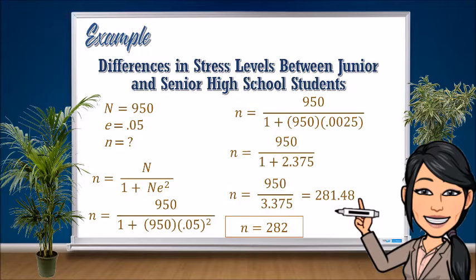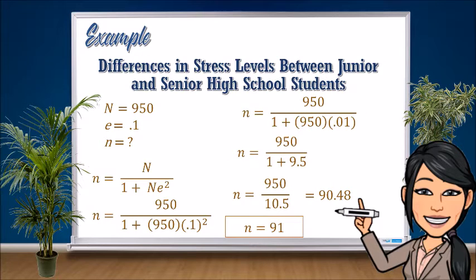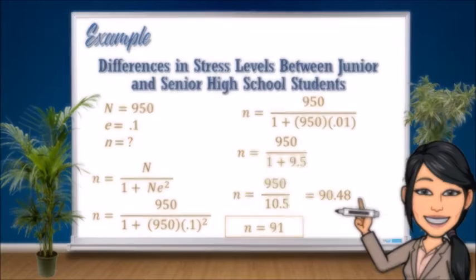Too early to conclude. Let's have another computation. Let's say our margin of error this time is 10% or 0.1. The computed value for sample is 91.